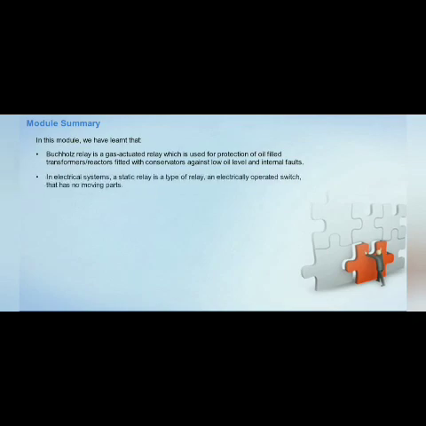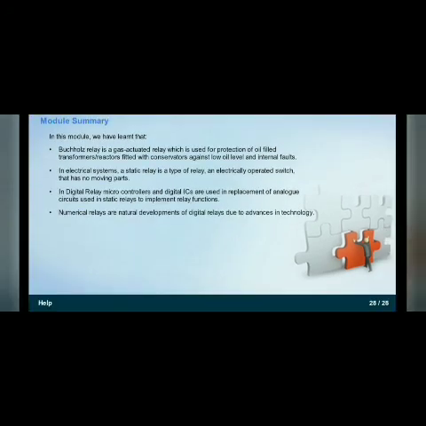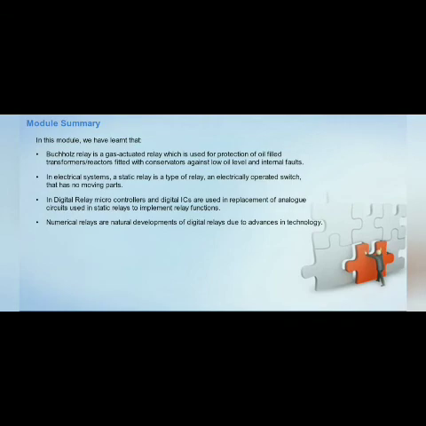In electrical systems, a static relay is a type of relay, an electrically operated switch that has no moving parts. In digital relay, microcontrollers and digital ICs are used in replacement of analog circuits used in static relays to implement relay functions. Numerical relays are. We have learned about the advantages of digital relay and numerical relay.